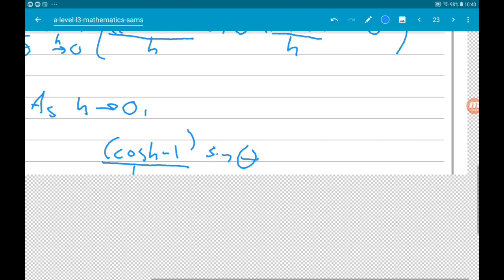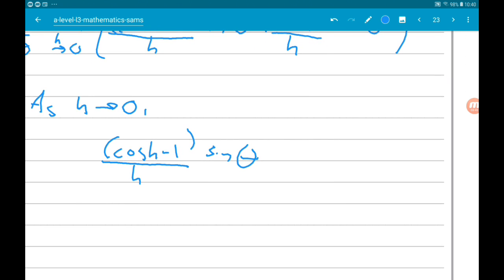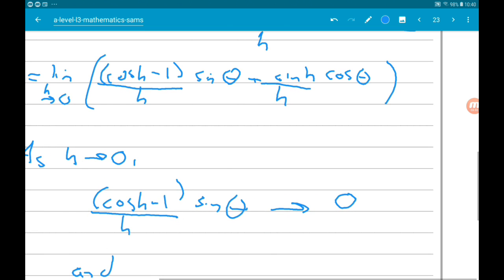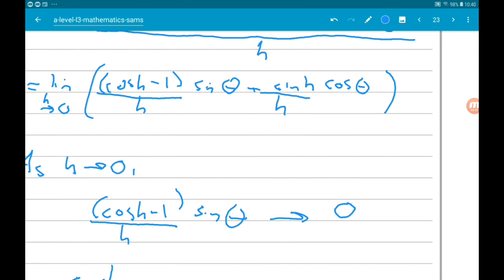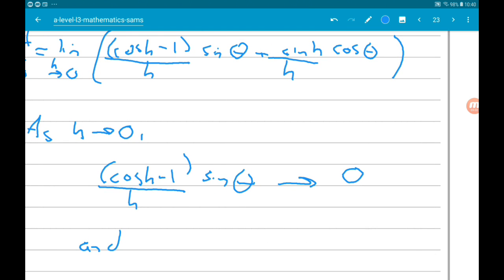So that all tends to 0. And sine of h over h cos of theta, well, sine of h over h tends to 1, so that tends to cos theta.